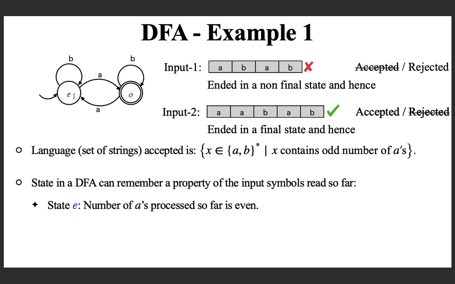Now suppose you have processed an even number of A's and you process an A. An even number plus 1 means an odd number, and that is why you move to a new state with the context that the number of A's processed so far is odd.